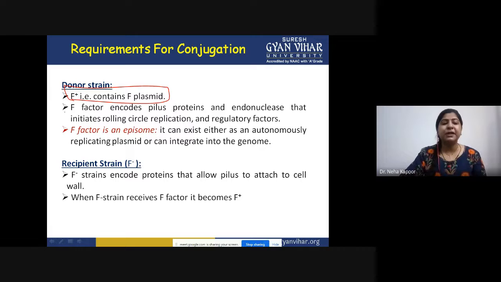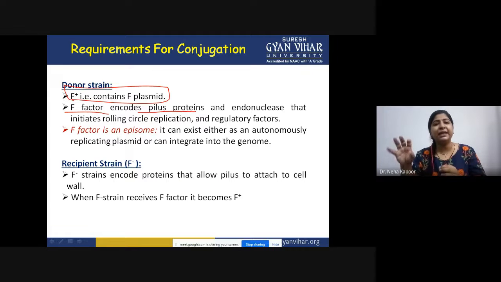This F plasmid contains the F factor that encodes various pilus proteins required for the formation of the conjugation tube and the pilus between the two bacteria. Then they also code for an enzyme, endonuclease, that will initiate rolling circle replication, and regulatory factors, so that the DNA is cut internally, then transferred, then through the rolling circle mechanism it is replicated again, and altogether a new copy of the F plasmid is present in the recipient bacteria.